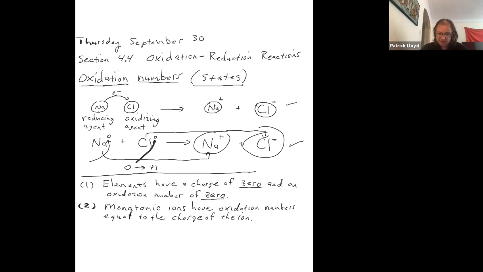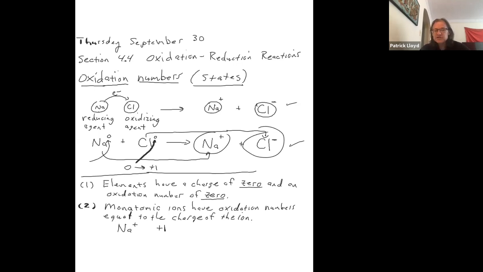So that would be sodium. We would say that the sodium ion right there, or the sodium cation, if you want to be more specific, has an oxidation number of +1. Now, unlike charges in chemical formulas, when we write down the oxidation number, we put the sign first and then the number.